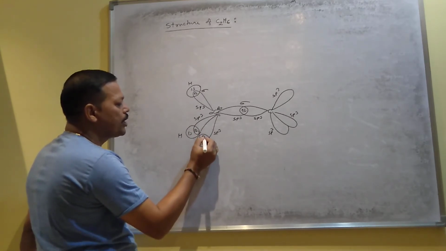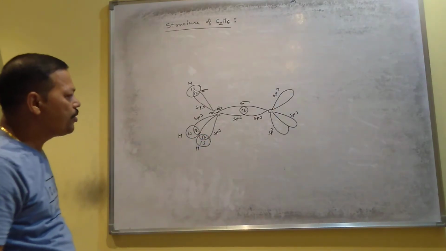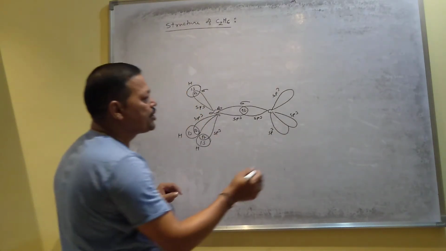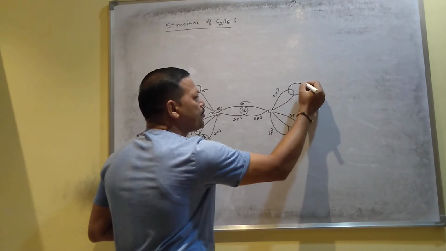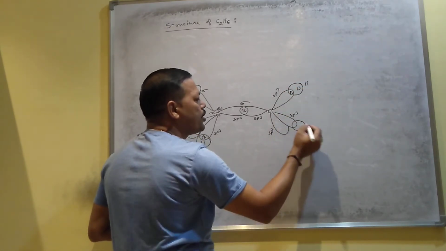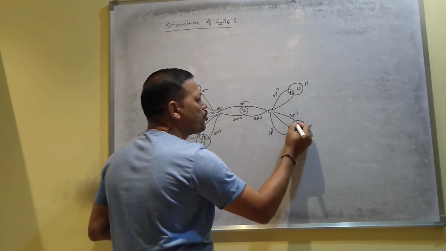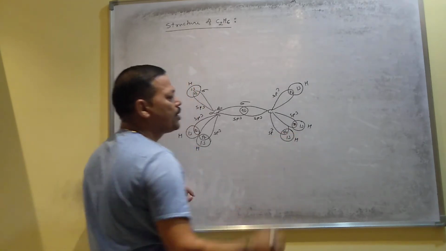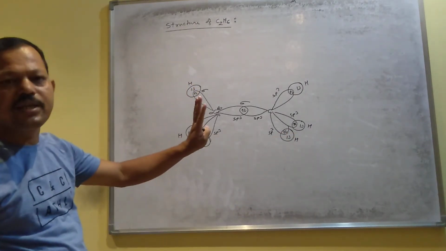This is another overlap to produce a sigma bond. All are sigma bonds. So 3 hydrogens combine with this carbon and another 3 hydrogens combine with the other carbon. This is hydrogen 1s, sigma bond. Hydrogen 1s overlaps with sp3 to produce sigma. Hydrogen 1s overlaps with sp3 to produce sigma. This way ethane is formed.